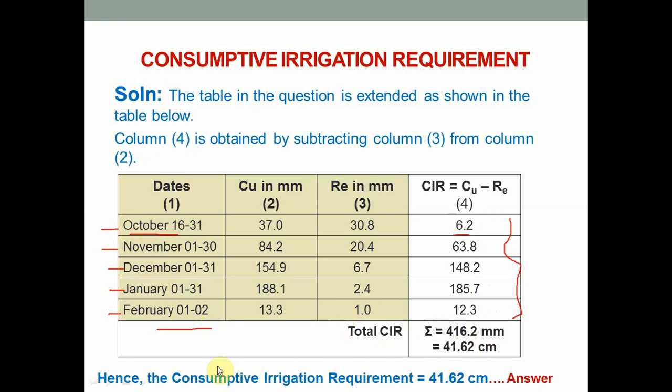Hence the total consumptive irrigation requirement of the jawar crop in Bellary of Karnataka is 41.62 centimeter. So in this lecture we have seen types of soil water, soil moisture and irrigation relationship, and lastly we have seen the consumptive use of a crop. Okay, so thank you.